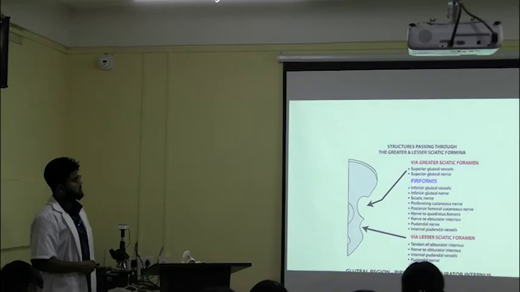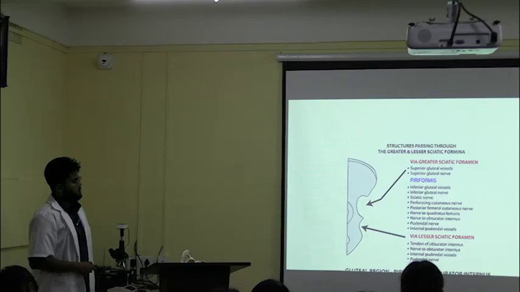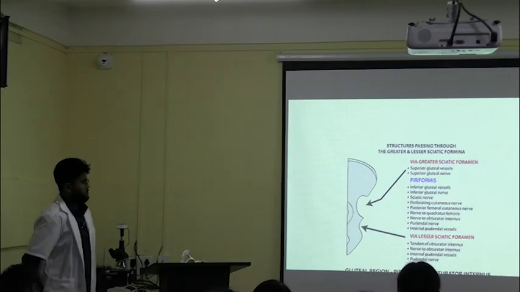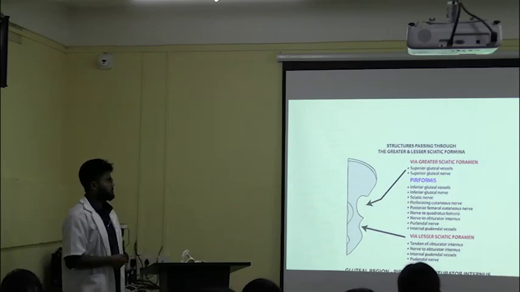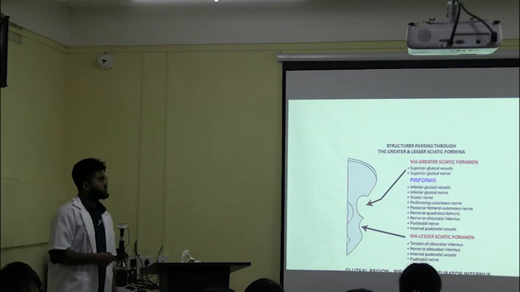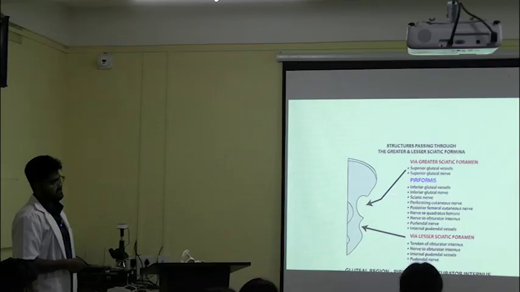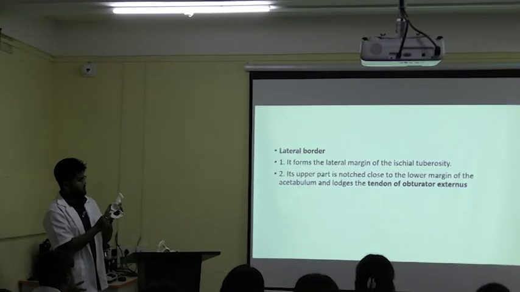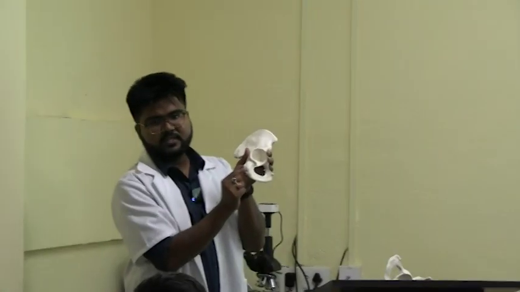One muscle also passes through it, this is called the piriformis muscle, and the sciatic nerve. The most important structures are the first six structures. So this is present in the lateral margin of the ischial tuberosity.